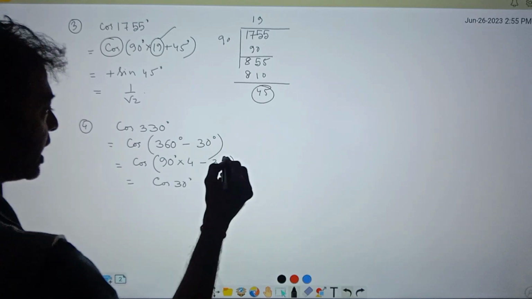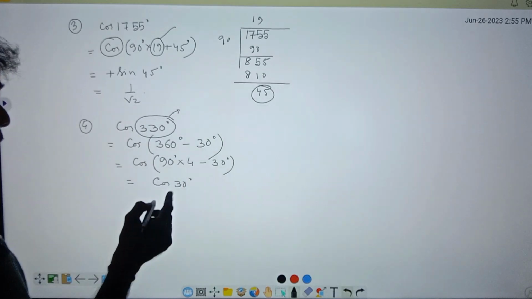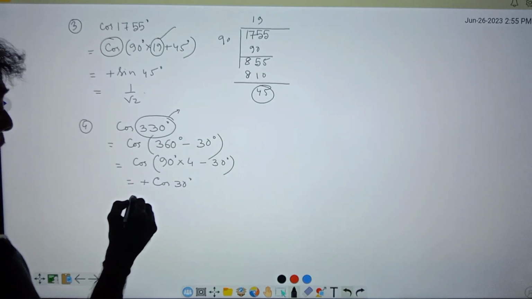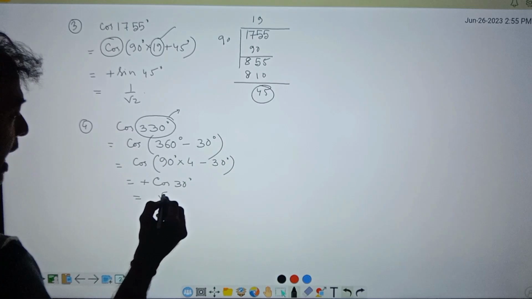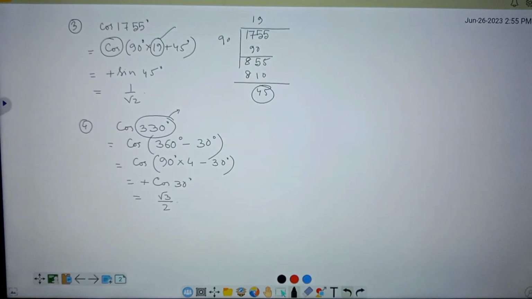Because this is lying in the fourth quadrant, cos is always positive, hence the result will be plus cos 30 degree, and that will be root 3 by 2. So the problem is solved. Those are some basic problems.